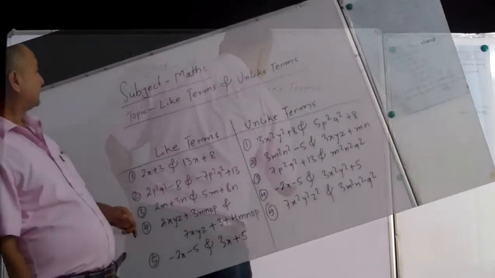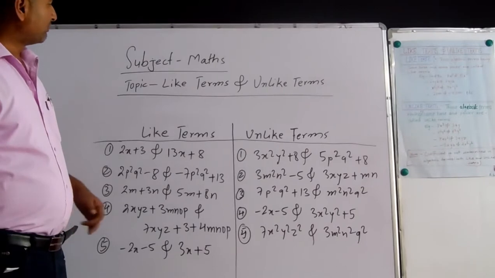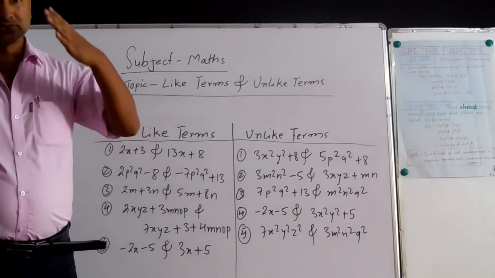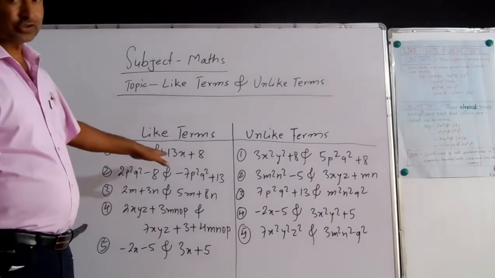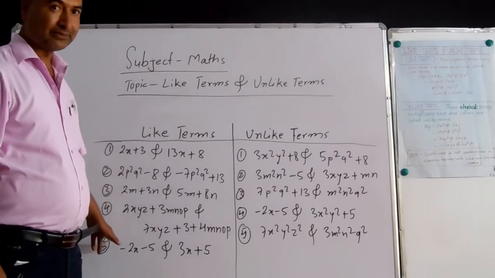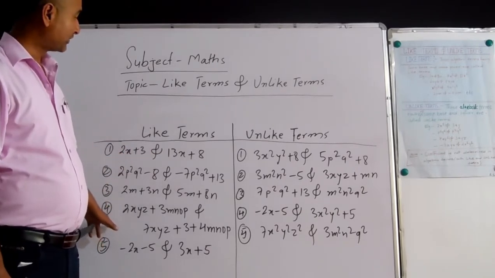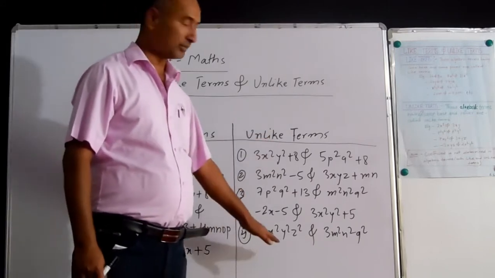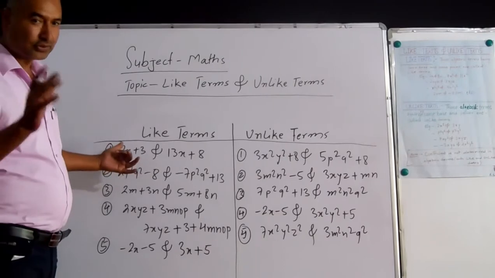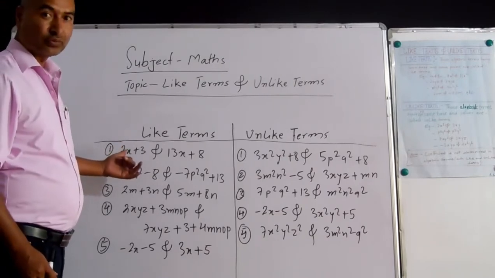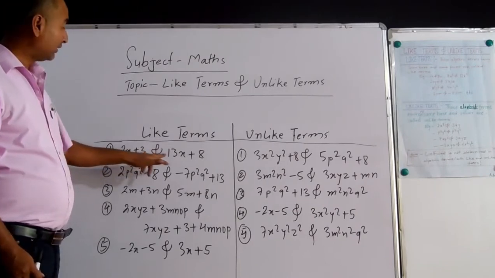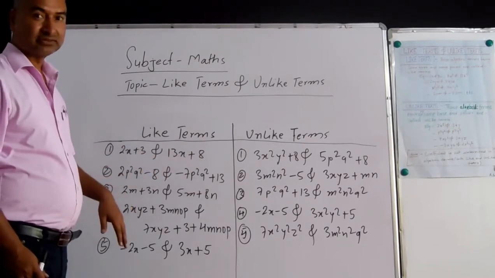Here, students, let's compare and decide whether they are like or unlike. Focus on the board. I have written here 5 examples for like terms and 5 examples for unlike terms. I am repeating one by one. Number 1, 2x plus 3 and 13x plus 8.